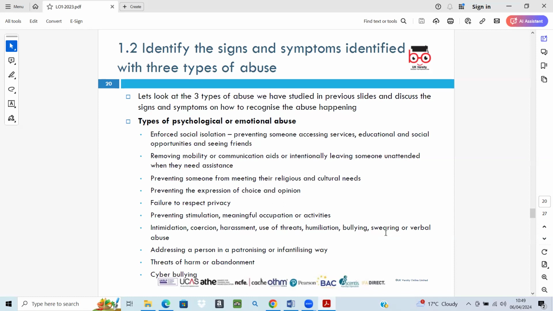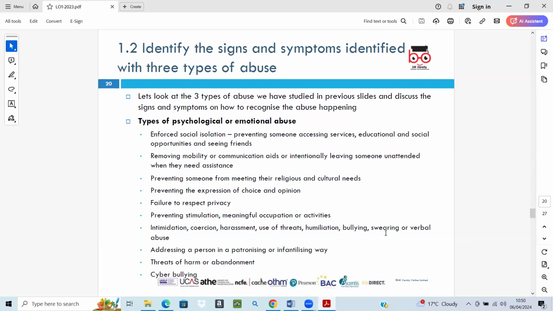And we should always remember that the recognition of psychological or emotional abuse is the first step in helping someone get the support they need. For example, if at your workplace you suspect someone is being abused, it is important to approach the situation with sensitivity and offer support in a non-judgmental way.